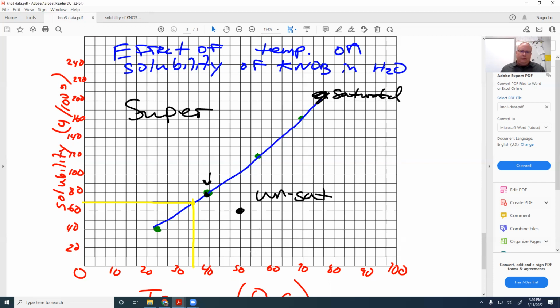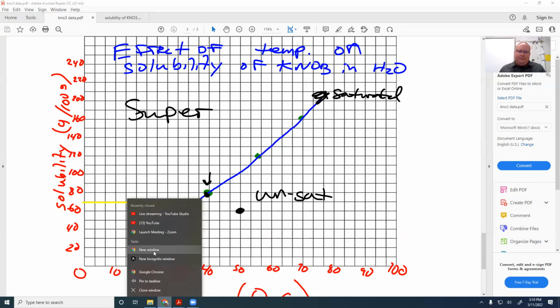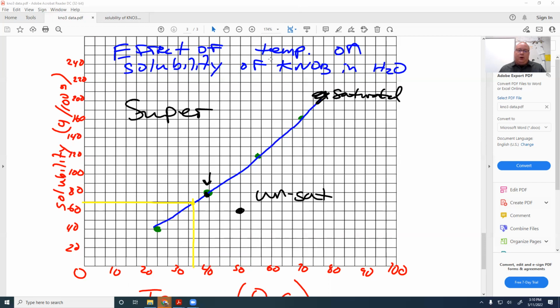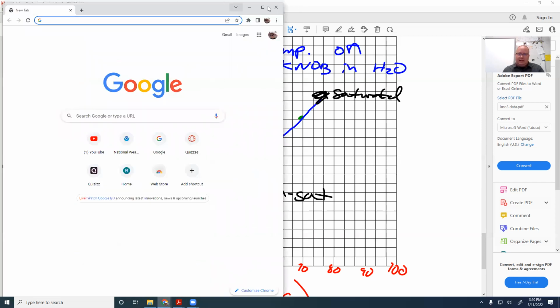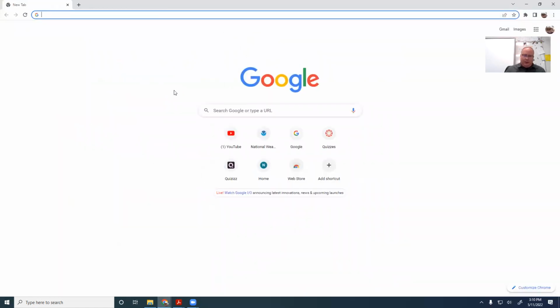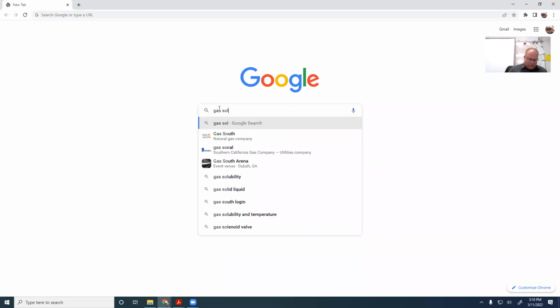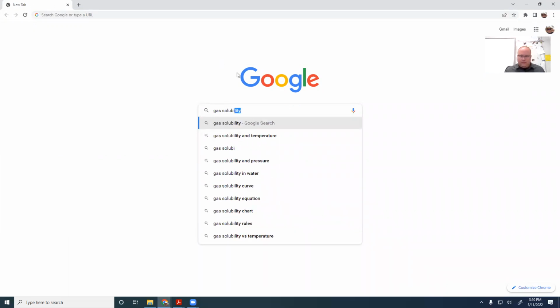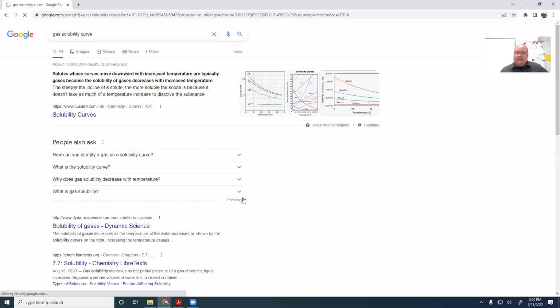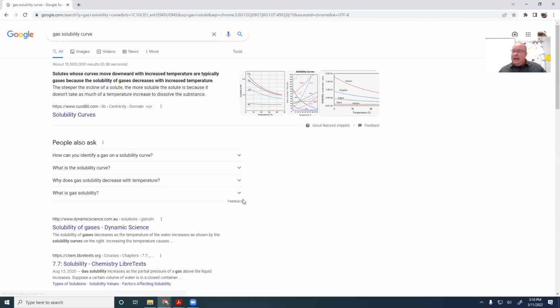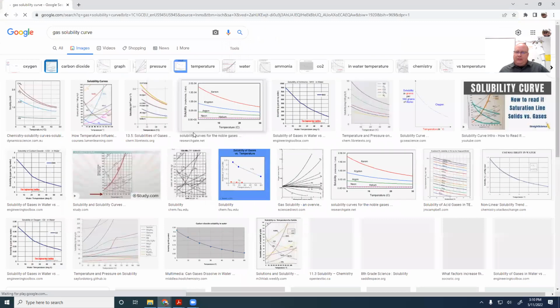So now that we have that, we can draw what we think a solubility curve would look like for a gas. And if you guys remember, gases are affected negatively by increased temperatures.